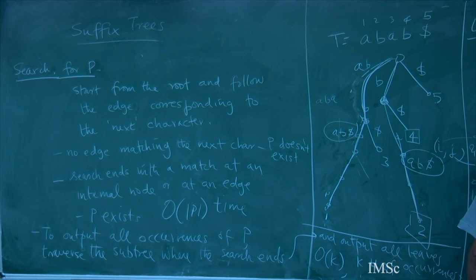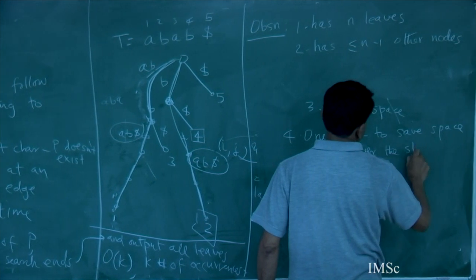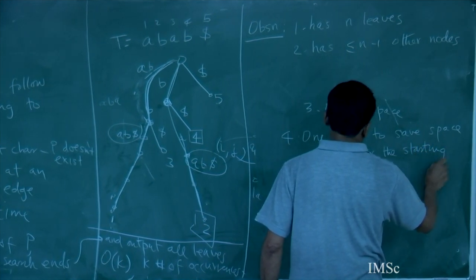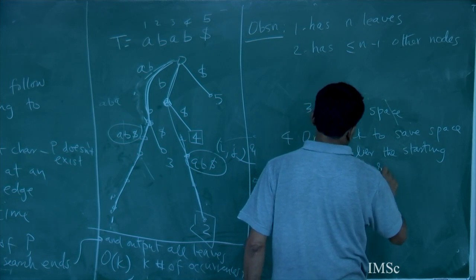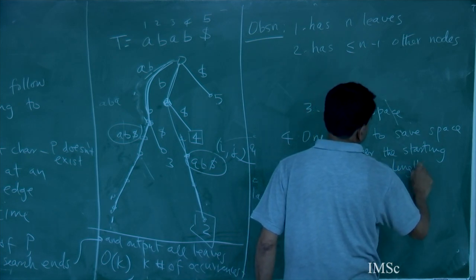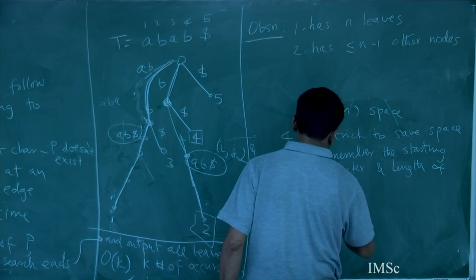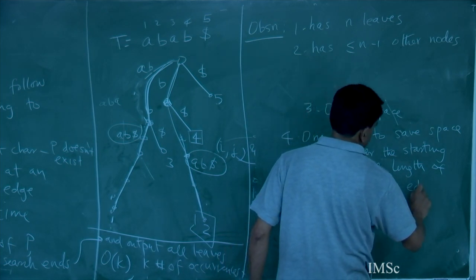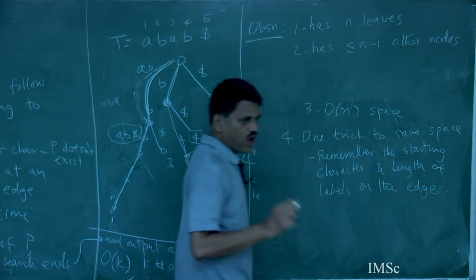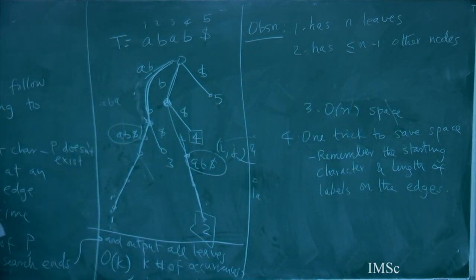There are lots of tricks and you can considerably save space, but you need a starting character, of course, because that's what will help you search. So instead of two numbers, I'm storing one number, the length of the labels on the edges.